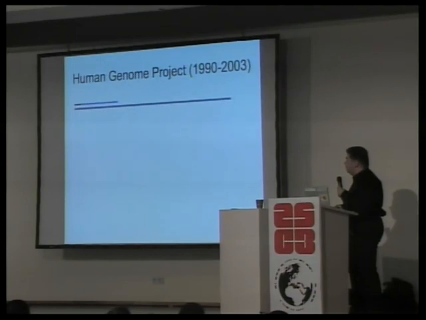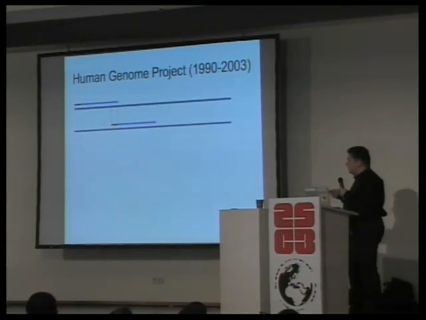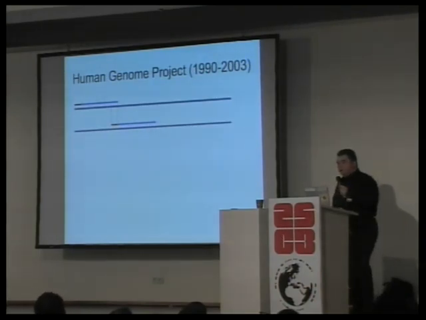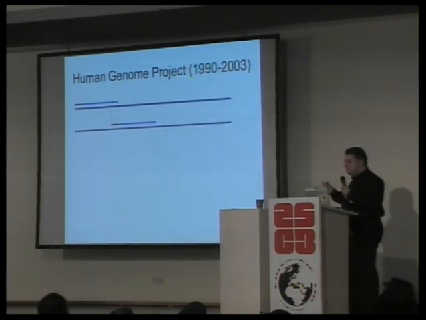They started at one end of a chromosome, or at least a fragment of a chromosome. And then they used this primer here in red, and then they sequenced some more. So now they know the sequence of this fragment. And then they take the end of this fragment and use it as a primer to start the next part, and so on. Now, human has 3 billion bases, and you can sequence roughly 500 to 600 per experiment.